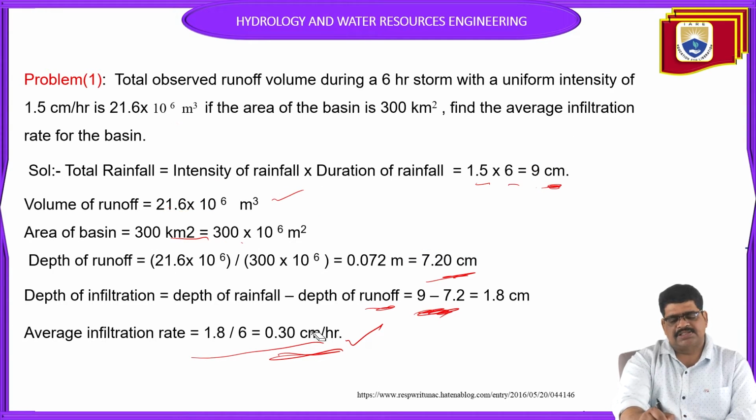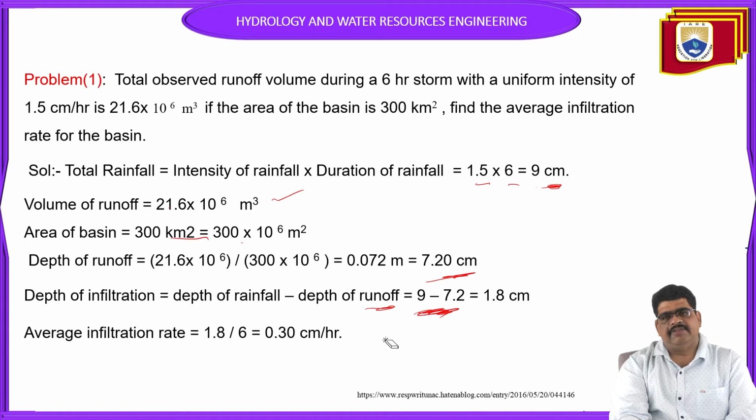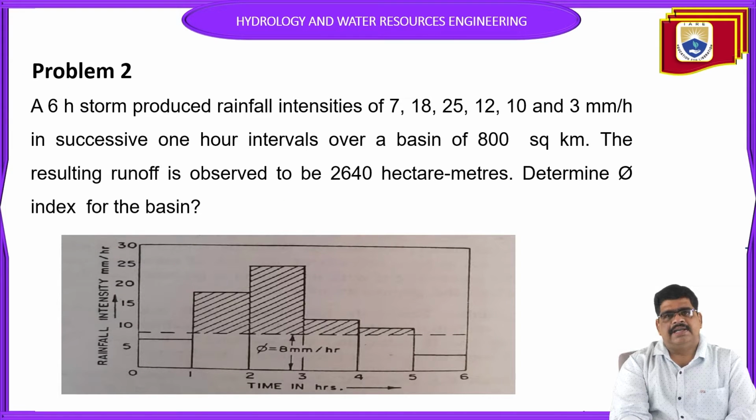The average infiltration rate is equal to 1.8 divided by 6, that is 0.3 centimeters per hour.